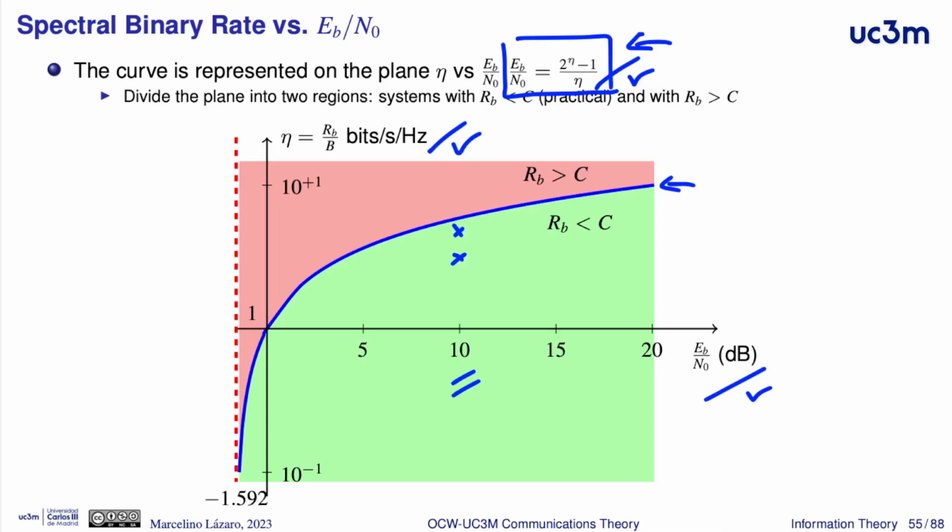So we can compare the efficiency using such a representation. We can see that the curve defining the limit between a practical and an unpractical system converges asymptotically to approximately minus 1.6 decibels, as we have seen previously theoretically.